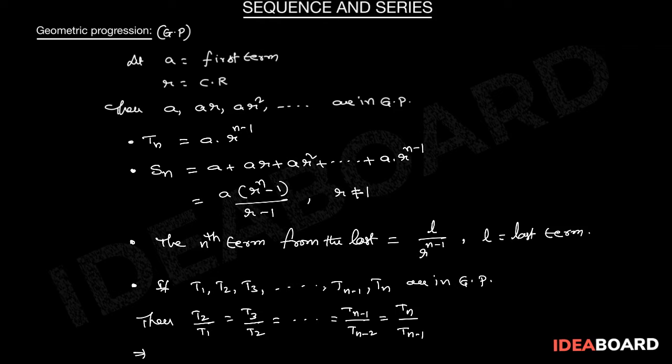That implies from these we get T1 into Tn equals T2 into Tn minus 1 equals T3 into Tn minus 2 and so on.